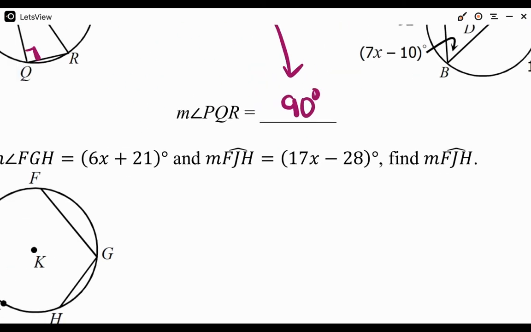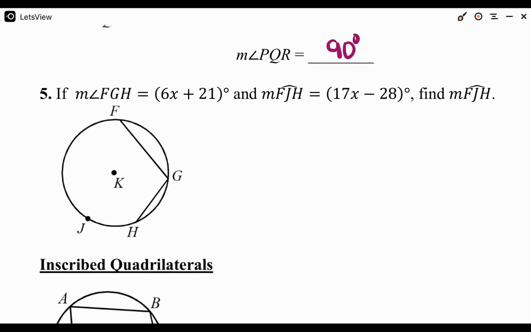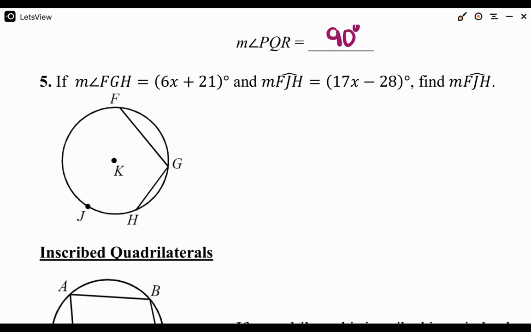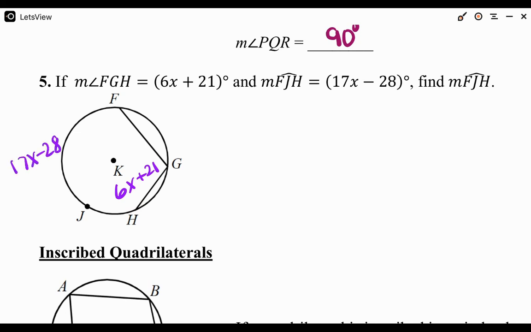Okay. Number 5. If the measure of angle FGH is 6x plus 21, and our arc measure is 17x minus 28, we need to write an equation to find x, and then in the end, we need to find the measure of our arc FJH.